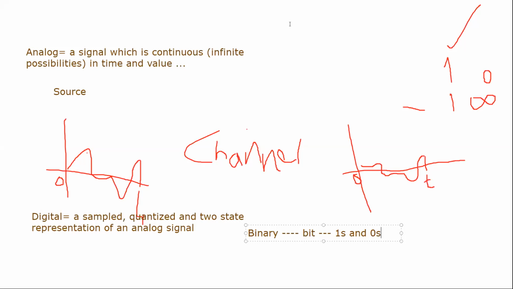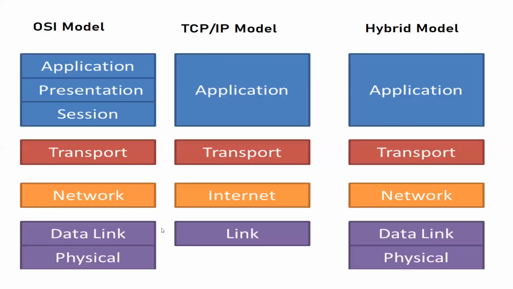Therefore, going back to the PowerPoint presentation. Now, here at the physical layer, I think I missed my annotation. Here at the physical layer, we are actually focusing on bit transmission, ones and zeros.